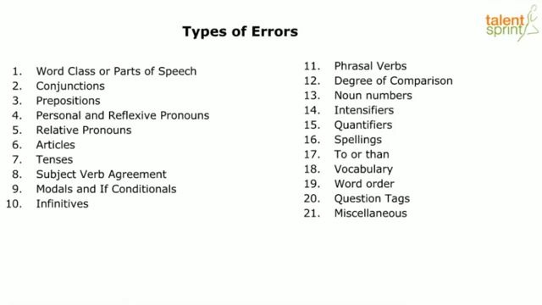Based on the usage, you will have to identify what part of speech is used. Second, of course, conjunctions, prepositions, personal and reflexive pronouns, relative pronouns, as you can clearly see on the screen. The concepts of these have been discussed in detail in the course. But let's move on and discuss a few error types and see how you can apply this learning there.